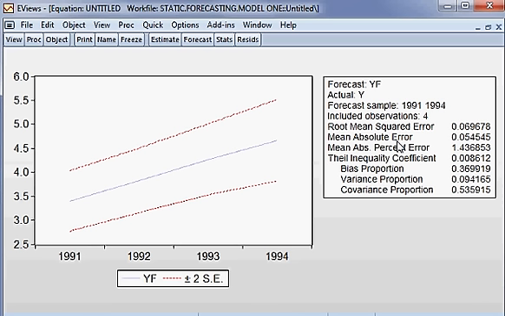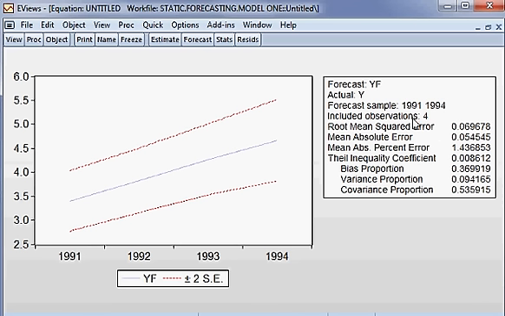Out of all these, we shall be using root mean square error as a benchmark to evaluate whether the forecasting model is good or bad.